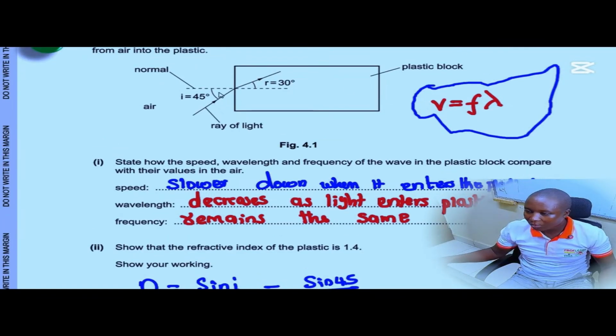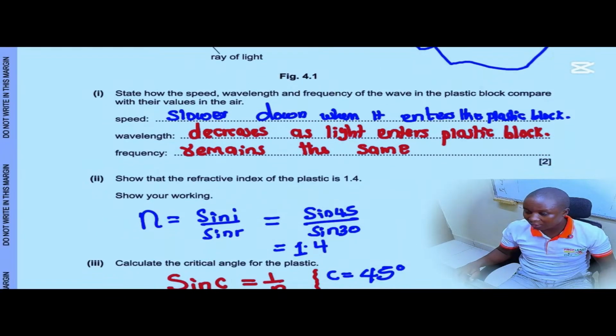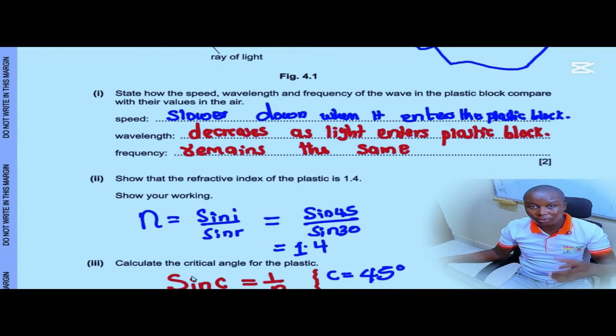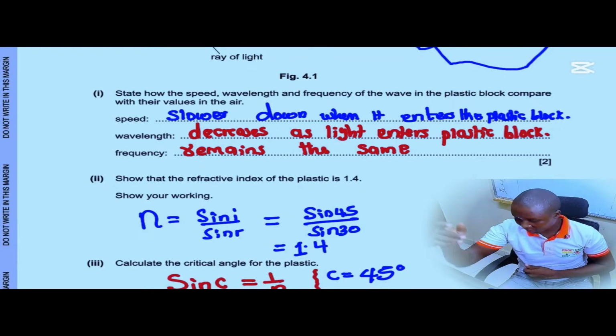In this case, we have sin i and sin r, the angle of refraction. So it will be sin 45 divided by sin 30, and we get 1.4. Now, to find the critical angle, remember the relation between the refractive index and the critical angle is sin C equals 1 over the refractive index. If you work it out, you are going to get an answer of 45 degrees.